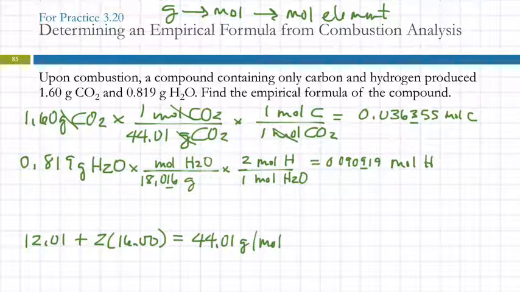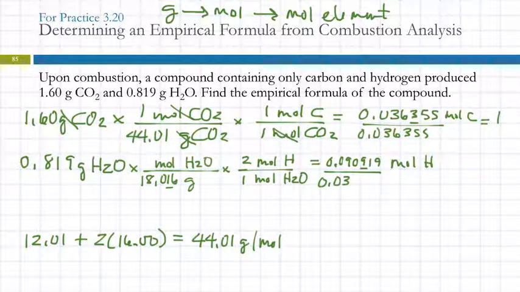What do I do now? I divide by the smallest. So 0.03 is smaller than 0.09. So I'm going to divide by that. So this one's going to come out to be 1. I'm going to divide this one by that same number, 0.036355. And that's going to give me 2.50087.